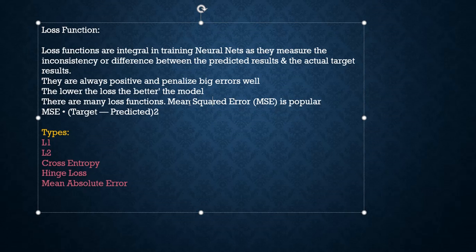The formula is target minus predicted, squared. If you have a minimum loss, the process will end at that time. But if we have a high loss, the process will continue until we get a smaller loss value. This is the detailed process of the loss function.